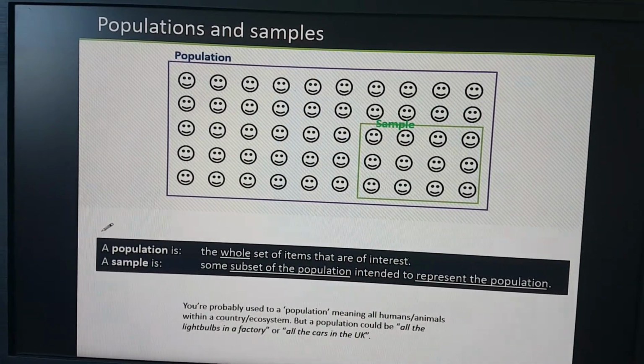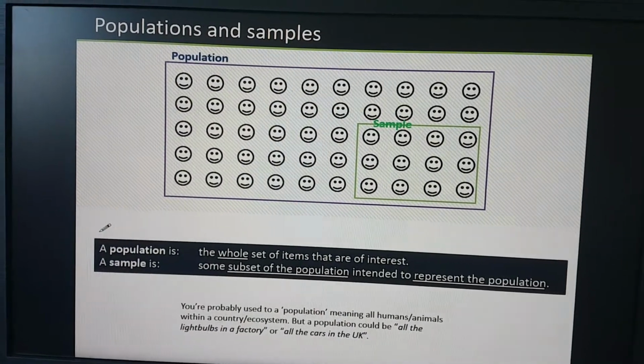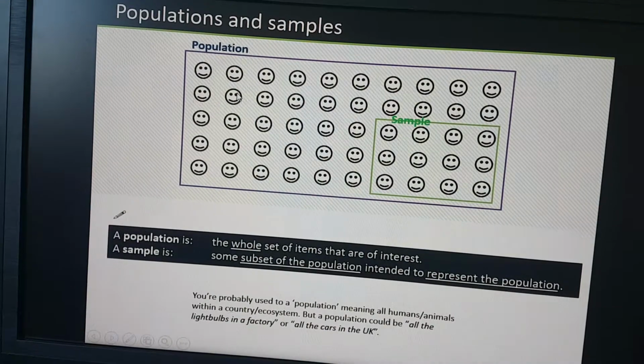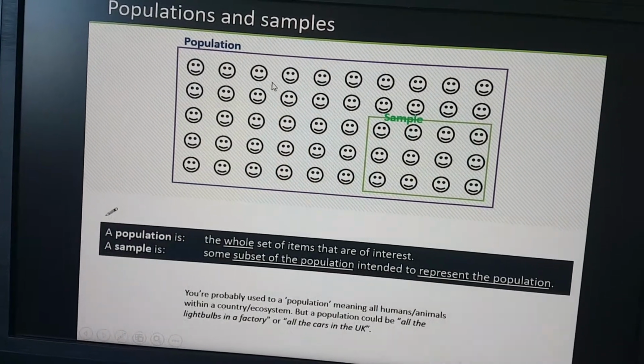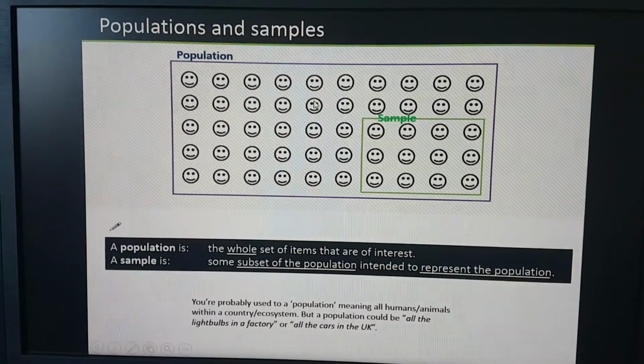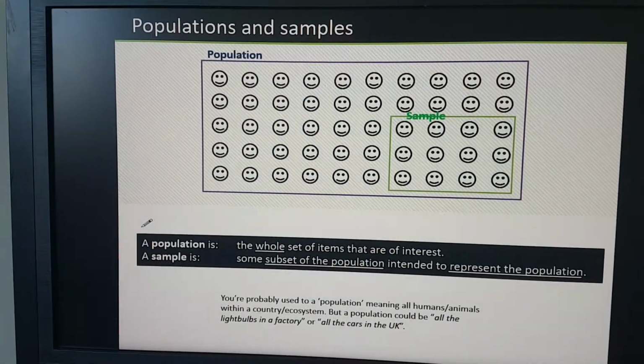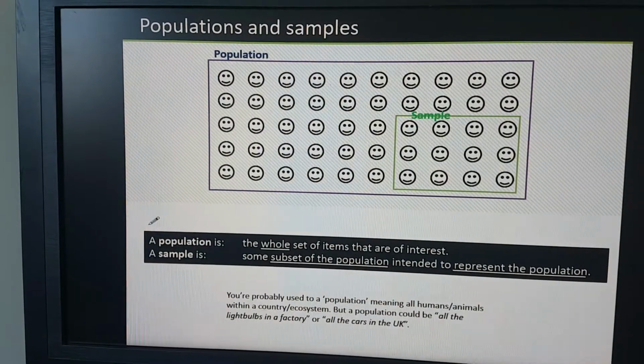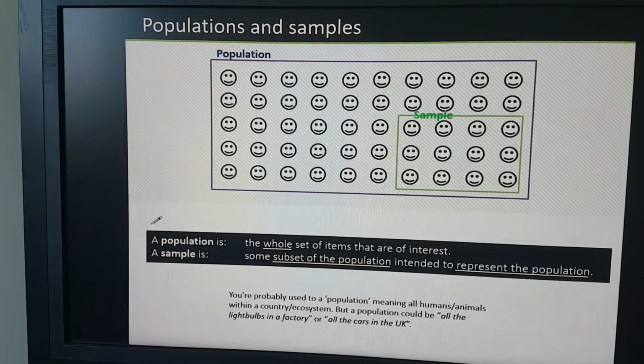We also need to know something. For example, if we're talking about a sampling unit, it is each individual. So for example, this is a sampling unit, this is a sampling unit. So there are many sampling units in a population or in a sample. And a sampling frame is a list formed by named and numbered sampling units of the population.